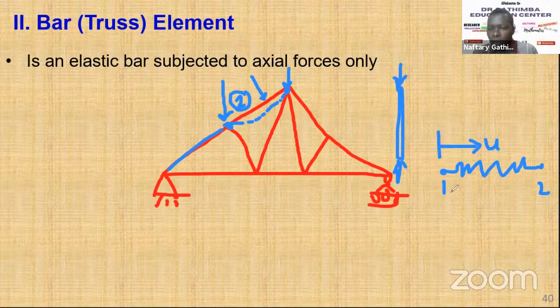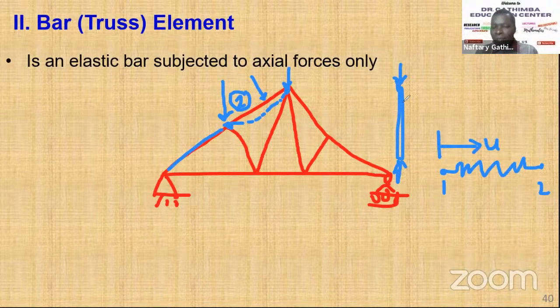So for a spring element, we say it's a 2-node element. It's 1D with 2 nodes, and the degree of freedom at each node is 1. But for the whole element, the degrees of freedom are 2, because we have deformation U1 at node 1 and U2 at node 2.